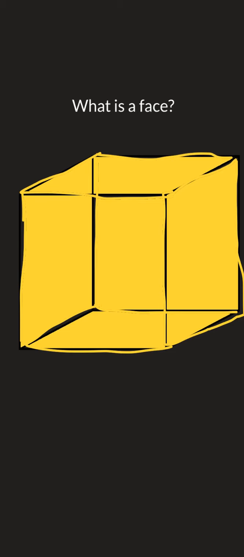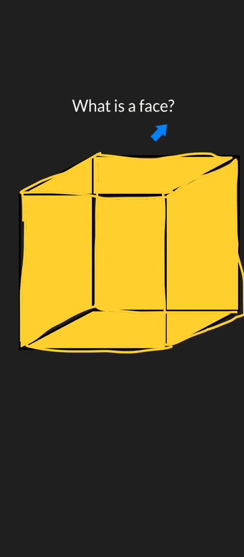So this cube has actually got 6 faces. 1, 2, 3, third one at the back, 4, one at the bottom, 5, and another at the top, 6. Imagine having 6 faces.